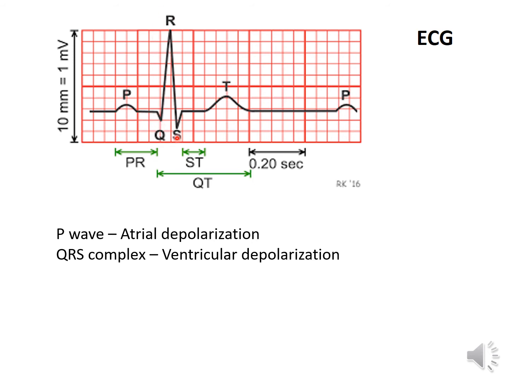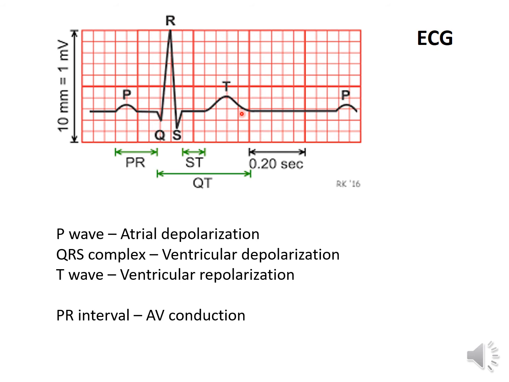The QRS complex tells us about ventricular depolarization. So the P wave and QRS complex correspond to the rate of rise of depolarization, the zero phase. Okay. Then there is the T wave. The T wave tells us about ventricular repolarization, phase 3 of the action potential.